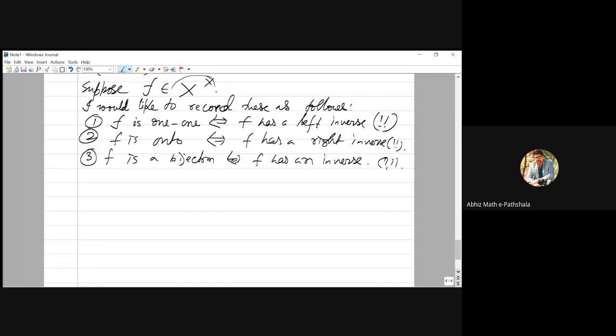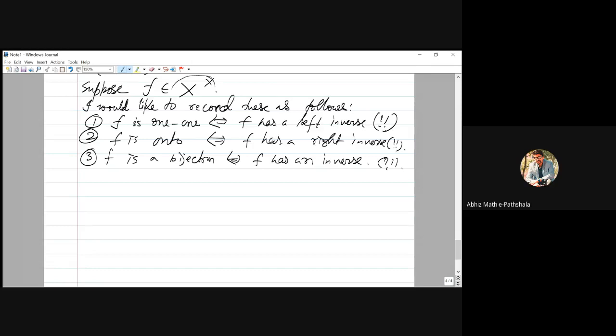Okay. So now the examples that we have already observed, for example, Z plus, for example, the power set of x with respect to symmetric difference. In these cases, you see that it is a monoid, and every element of that algebraic system has an inverse.